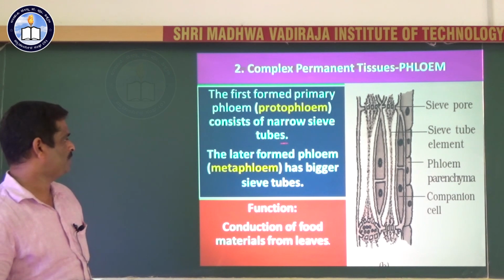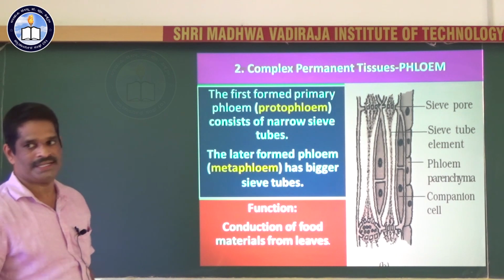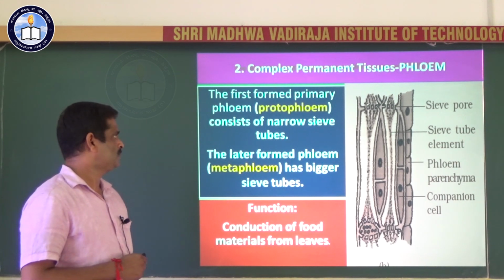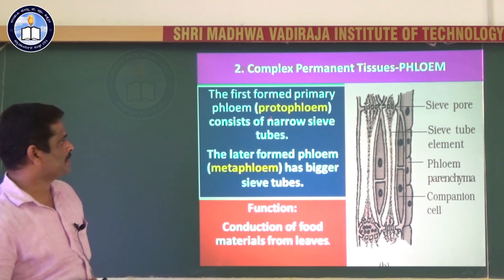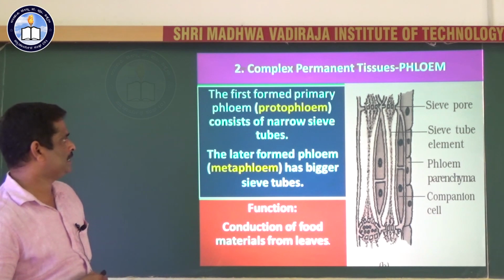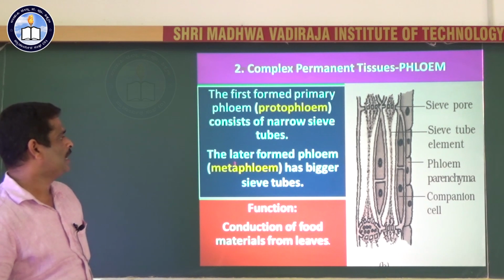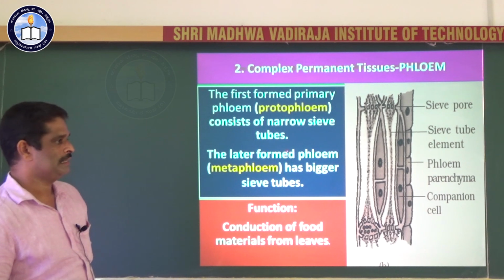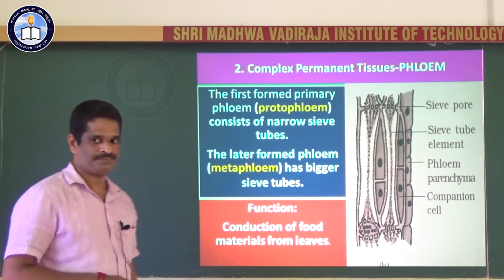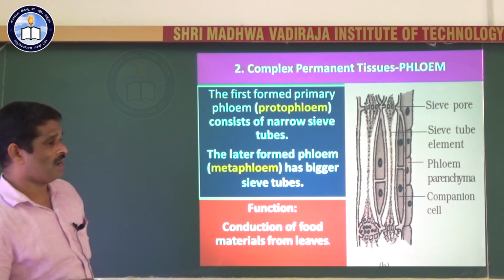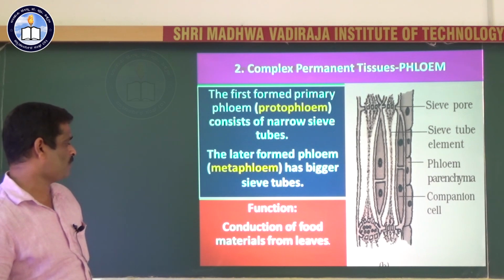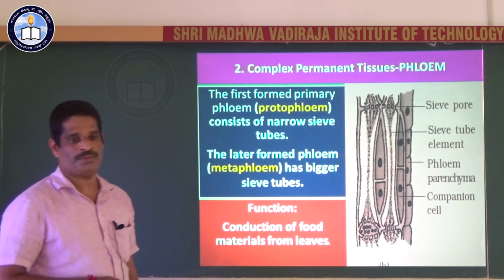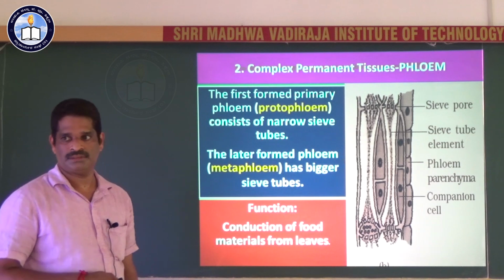The later formed phloem has bigger sieve tubes and is called metaphloem. Protophloem has narrow sieve tubes that are formed first, and metaphloem has bigger sieve tubes that are formed later in the life of the plant. What is the function of sieve tubes? Conduction of food materials from leaves to various other parts.